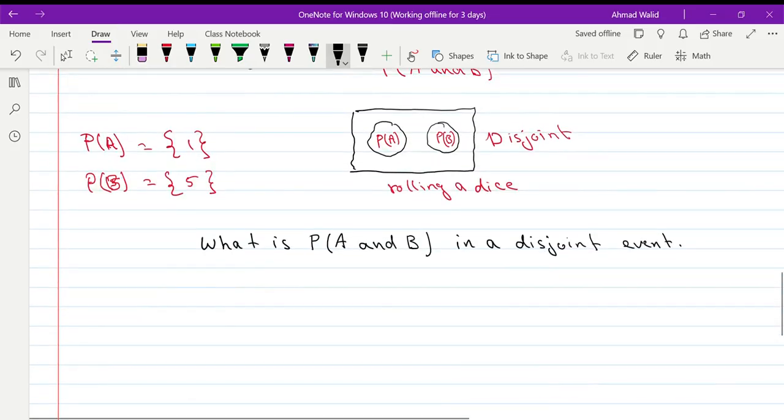Look at this disjoint diagram. What is the probability of A and B? Do I have overlap? No. Then I can say the probability of A and B in a disjoint event is always equal to what? 0. Because there is no overlap. Because the events are disjoint. Correct? That's why it's always 0.